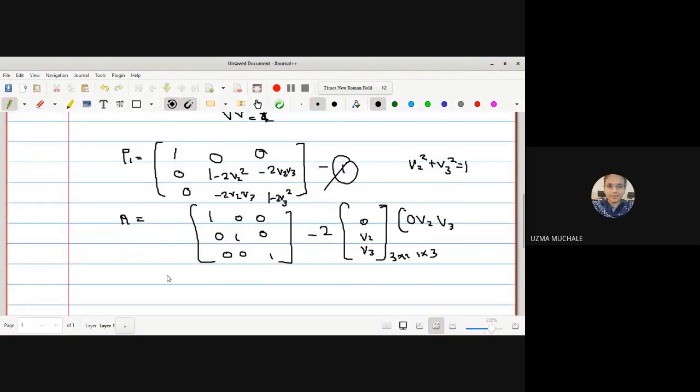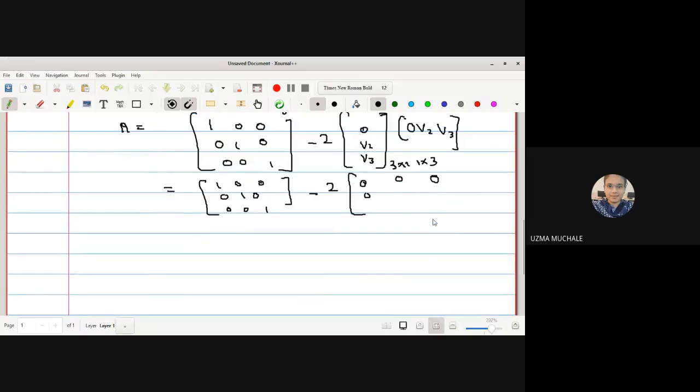So I can write this as 1 0 0, 0 1 0, 0 0 1, minus 2 times: if I multiply, the first row is 0, 0, 0, next the second row is 0, V2 square, V2 V3, first term in the third row is 0, then V2 V3, then V3 square.